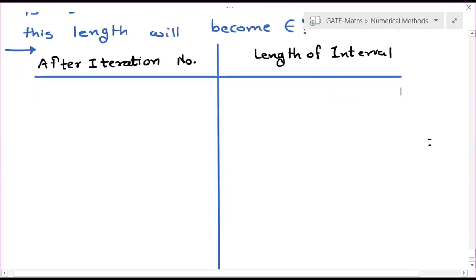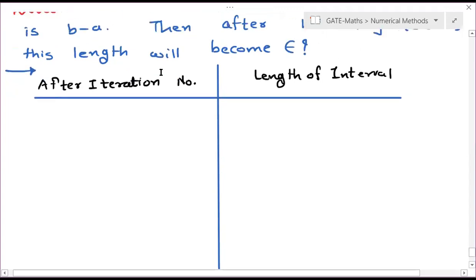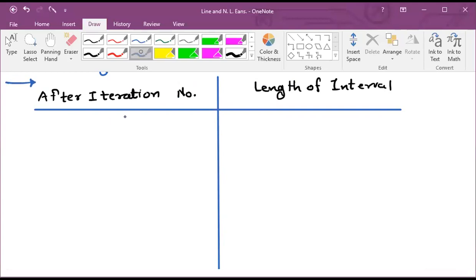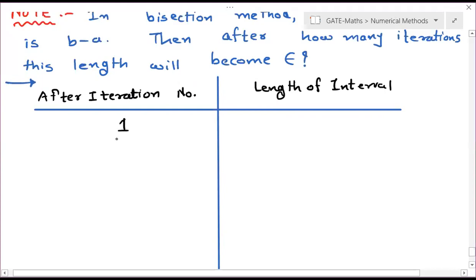Now see over here. The question is, after how many iterations does the length of the interval become epsilon. Suppose I am taking the first iteration. After the first iteration, its length will become B minus A by 2, because it will be bisected.